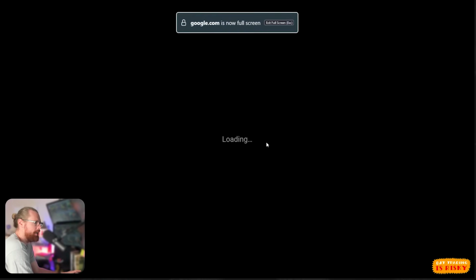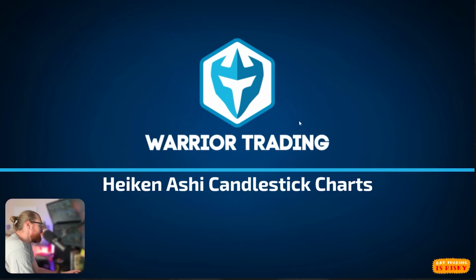I'm going to go full screen, and let's start to talk about how these candles are created. So as I said, the Heiken Ashi candlestick was created by the inventor of the traditional candlestick chart. Heiken stands for average, Ashi is bar. These are Japanese candlesticks.